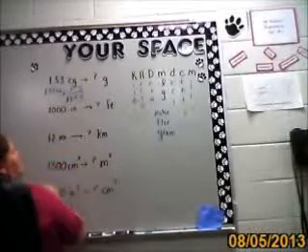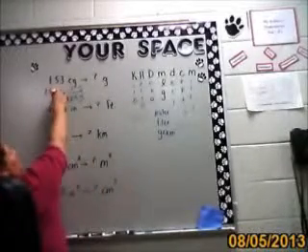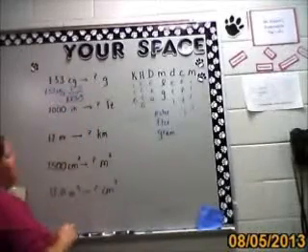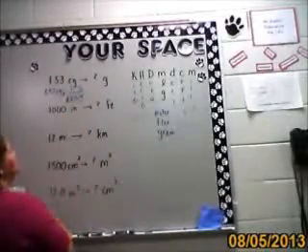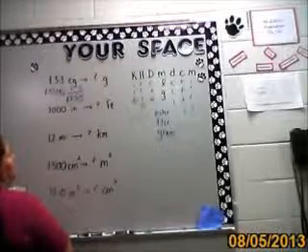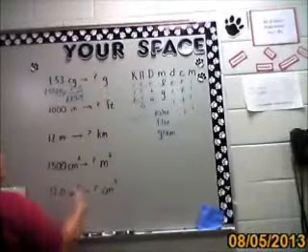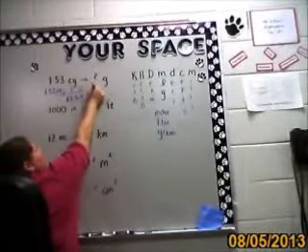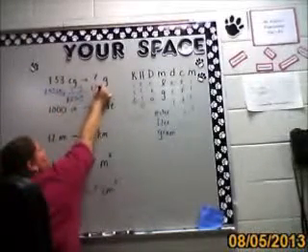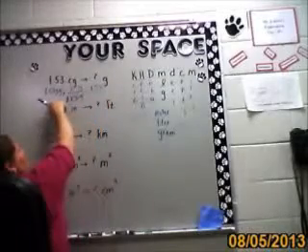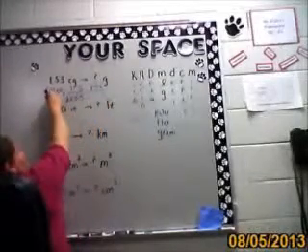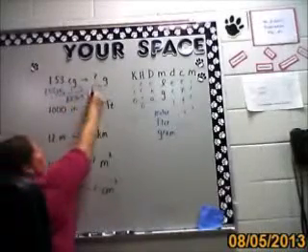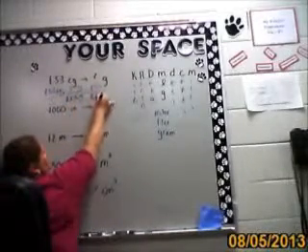centigrams in 1 gram. I can eliminate identical units. I can cancel out centigrams. Now I multiply across the top and across the bottom and divide. So 1.53 times 1 is 1.53. There is no value here, but it is implied to be a 1. 1 times 100 is 100.